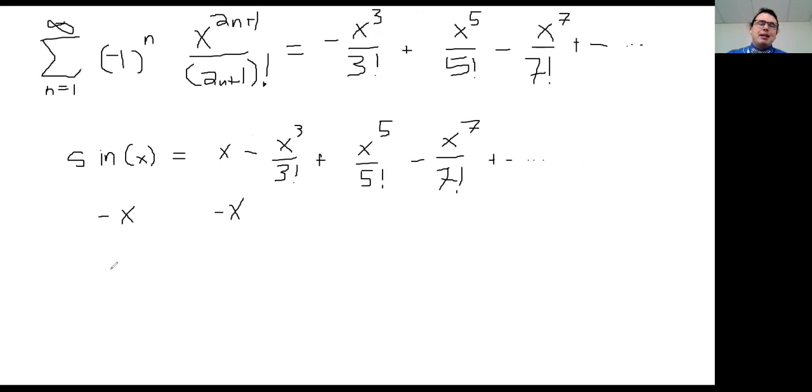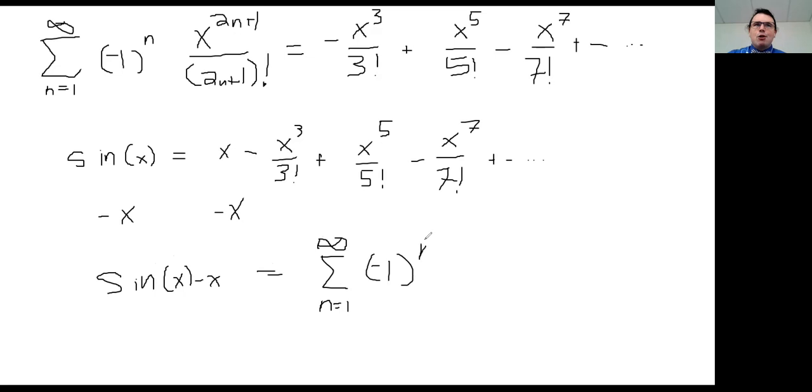So this tells me that sine of x minus x, that's definitely a function, and its Maclaurin series should be exactly what I had in sigma notation at the start of this problem.